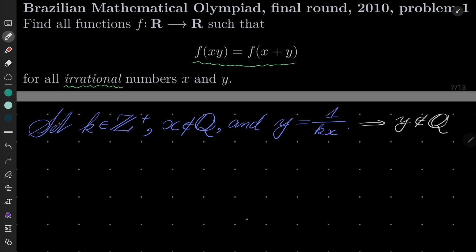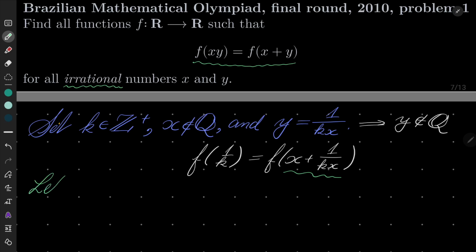Plugging into our equation, we see the following: f of x times y, which is f of x over k, and on the right hand side we have f of x plus 1 over k times x.